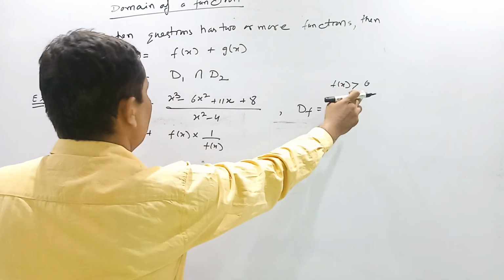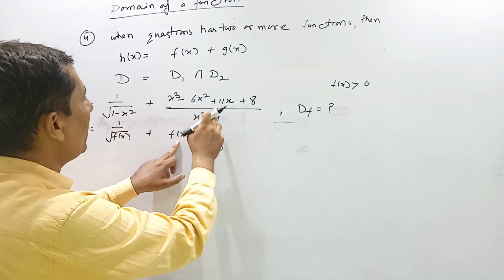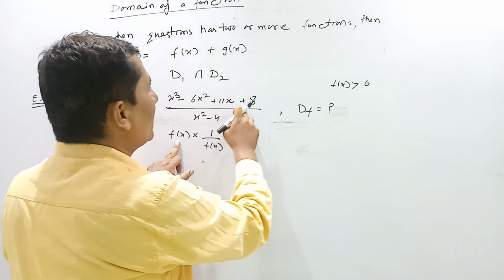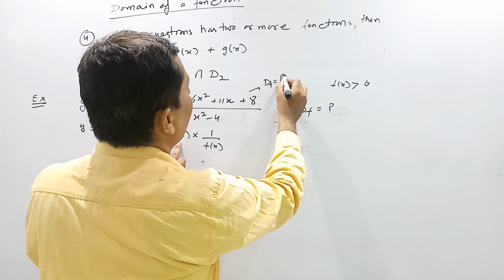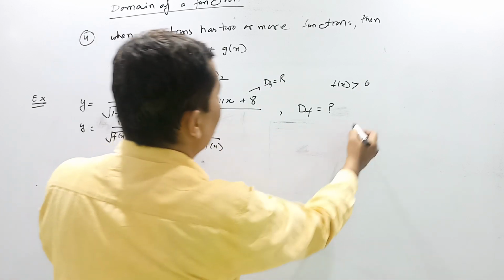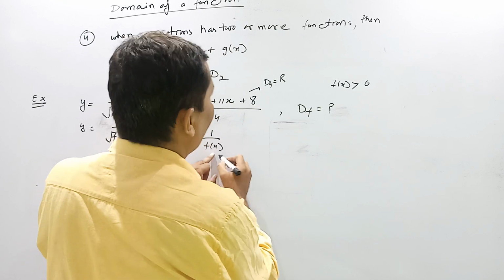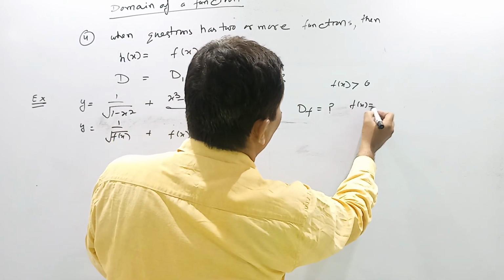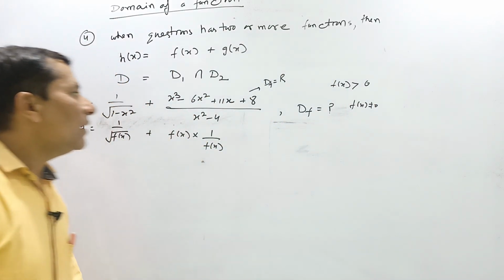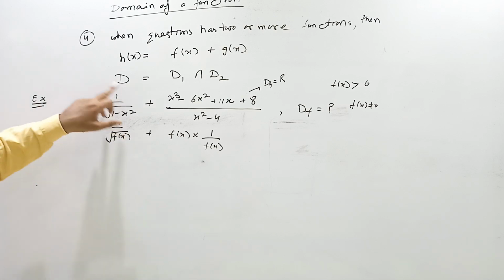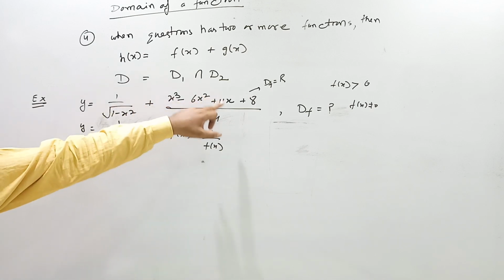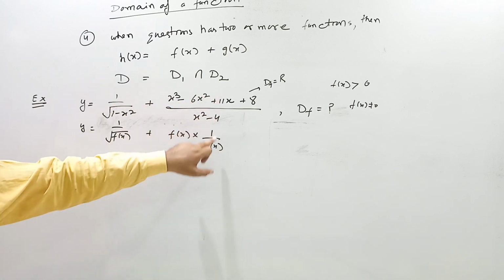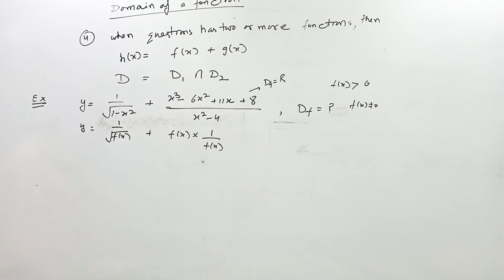This is a simple polynomial function, numerator is a simple polynomial function, and the denominator of this is a real number. This is 1 upon f(x), where f(x) is not equal to 0. Understand? There are 3 functions here: 1 upon root f of x, this simple polynomial function, and this denominator 1 upon f(x).